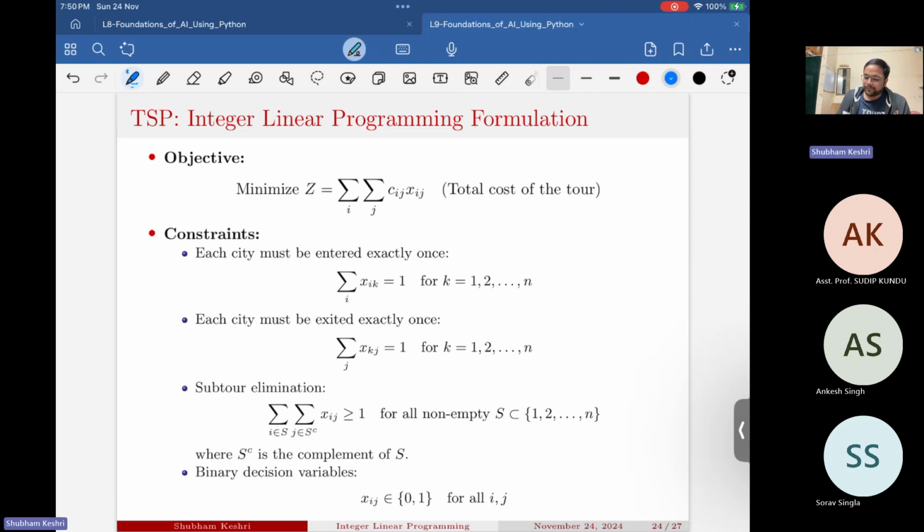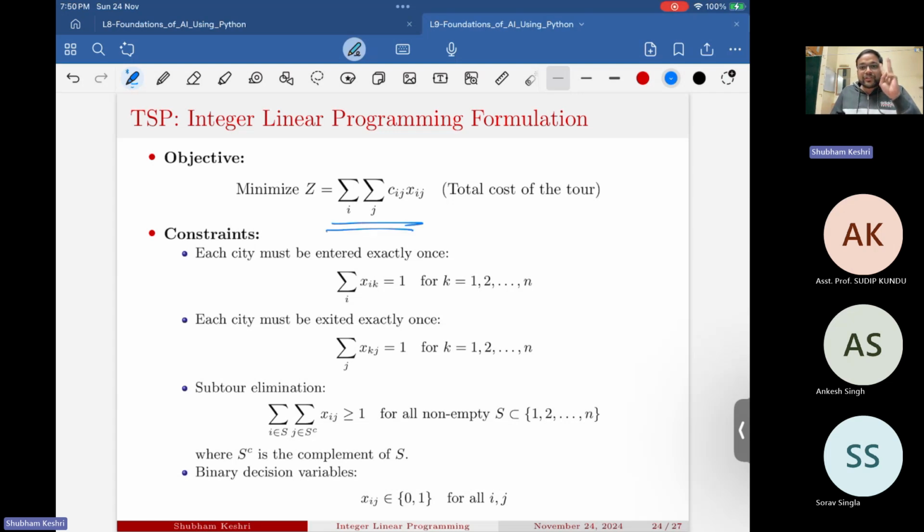So the objective function we have written as summation of Cij times Xij, which we have talked about.